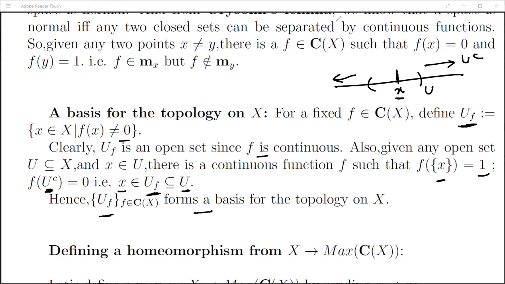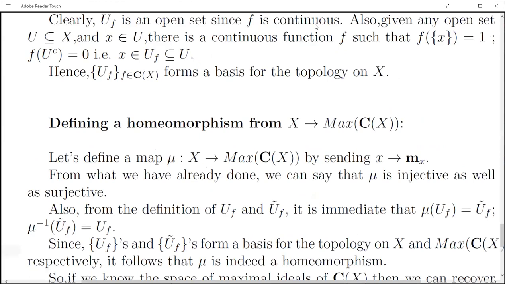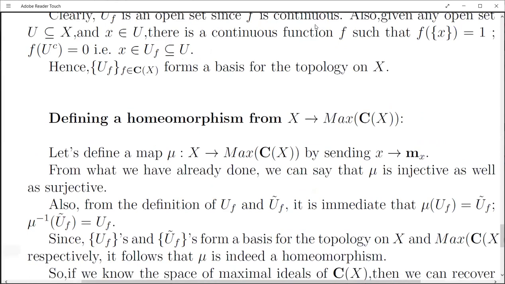So that is my basis. Okay, then remember that our goal is to reconstruct the space X given the information on the maximal spectrum of C(X). So somehow we will try to define a homeomorphism from X to the maximal spectrum of C(X).